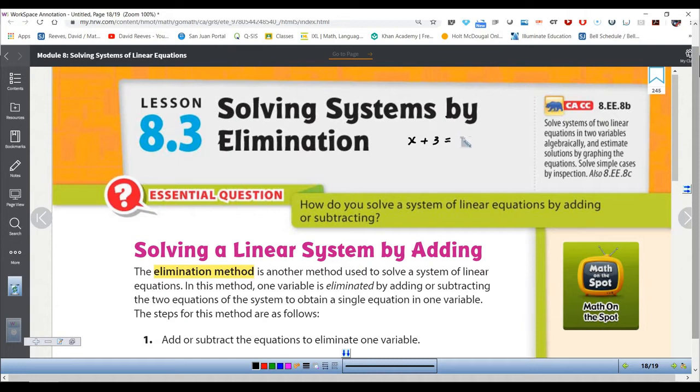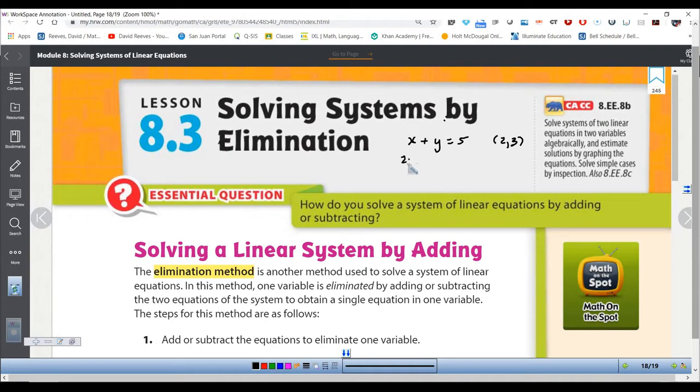This time I'm going to make an equation. x plus 3 equals 5. All right, so what is the answer to that equation? Actually, let me change that. x plus y equals 5. All right, do you agree that (2, 3) is an answer to that equation? 2 plus 3 is 5. Now I'm going to come up with another equation where 2 and 3 are solutions.